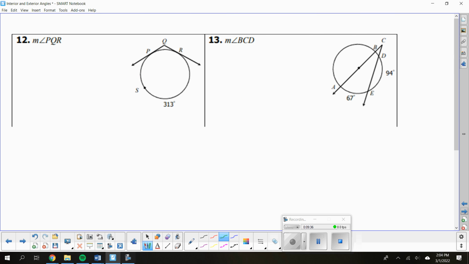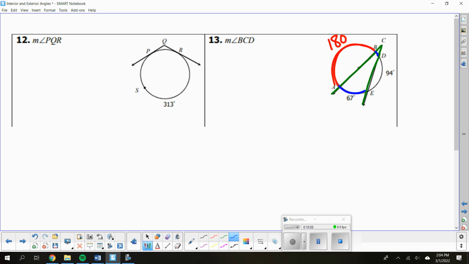Alright, let's look at number 13. I am asked to find angle BCD, which actually extends all the way out here to A and E. It is tracking arc AE, and it's tracking arc BD. But I don't have arc BD, but I can find it. I have all of those arcs. You are missing one, but we know what this is. AB is actually the diameter, so that's 180.